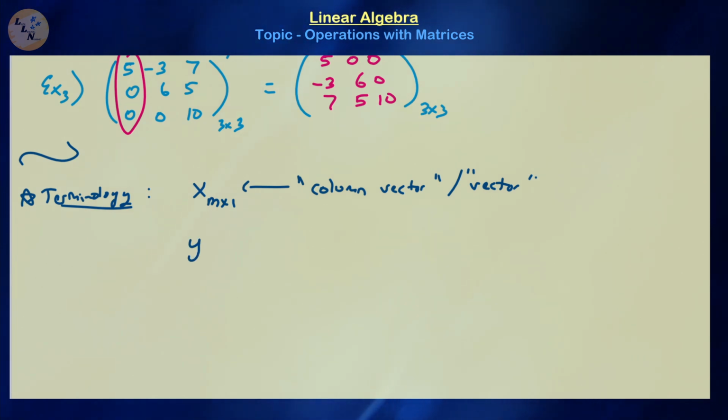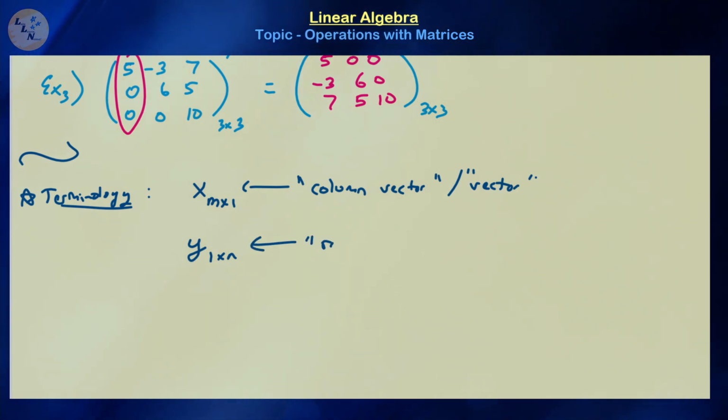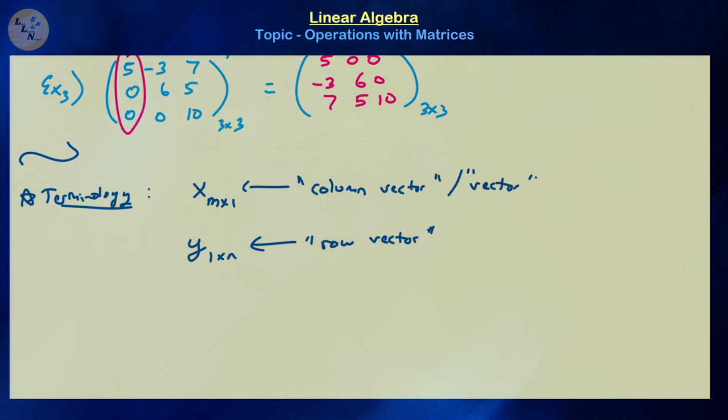And if you have another vector, let's call it y, that has one row and n columns, this is usually called a row vector. And it's very easy to see that the transpose of a column vector is a row vector and the transpose of a row vector is a column vector.